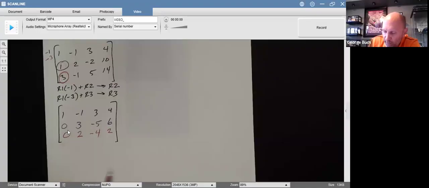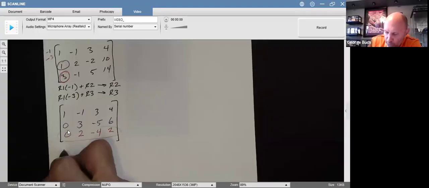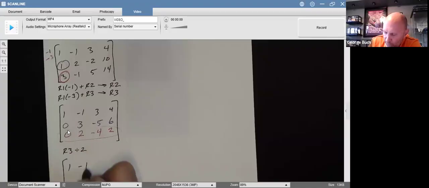But if we look at this last row, it's all factors of 2. So I could actually do row 3 divided by 2. And when I do that, I get 1, negative 1, 3, 4, that doesn't change. 0, 3, negative 5, 6, that doesn't change. But divide all these by 2, I get 0, 1, negative 2, and 1. Whoops, sorry, let me move that up.